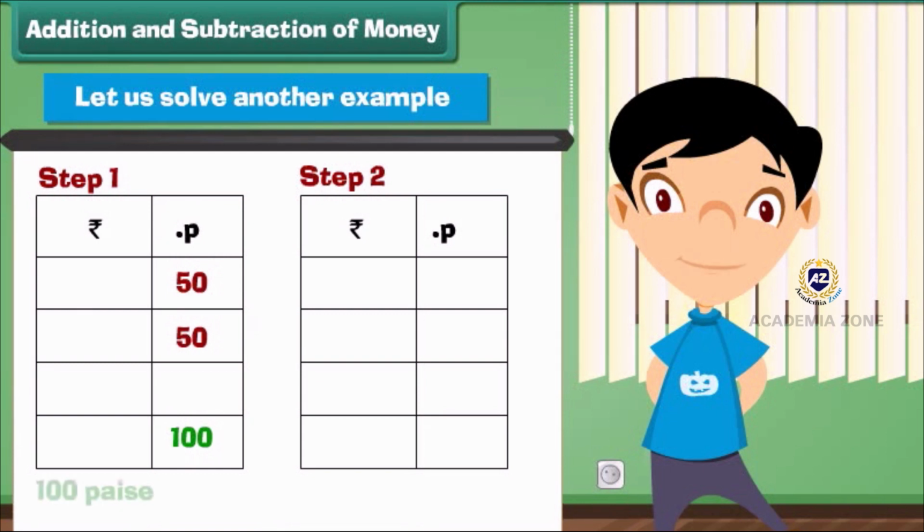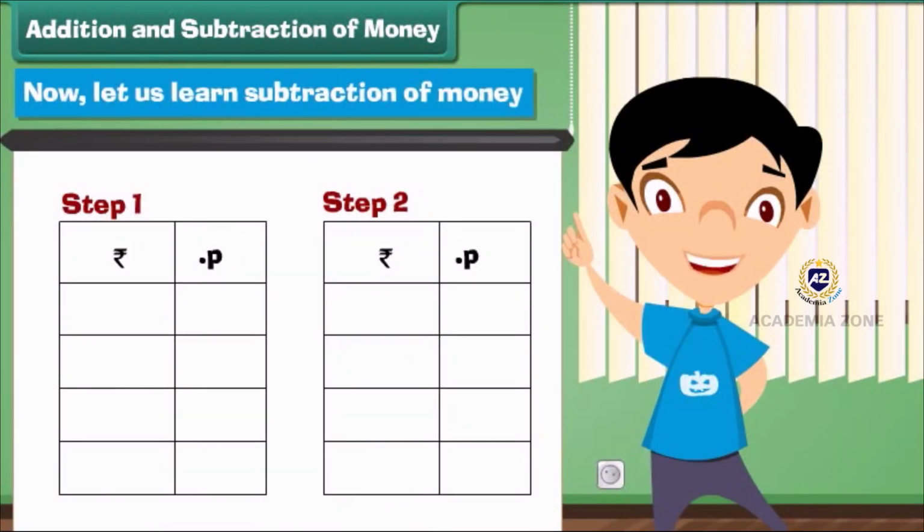But we know that 100 paise is equal to 1 rupee, so we write 2 zeros below the paise column and take 1 as carry. Step 3. Add the numbers in rupees column. 1 plus 10 plus 15 equals rupees 26. Write 26 under the rupees column.